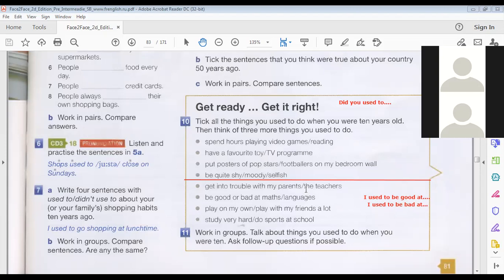But what about Dua's second question? She said, did you used to be good at languages? No, I didn't. At math, okay, but language, no. Okay. All right, next question. Dua, you can ask her the next question. Did you used to play with your friends a lot?